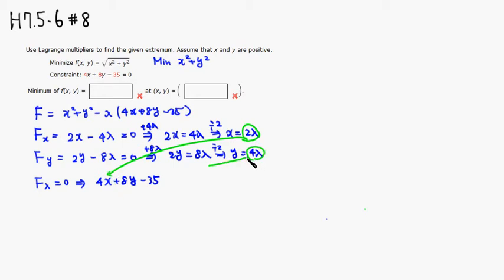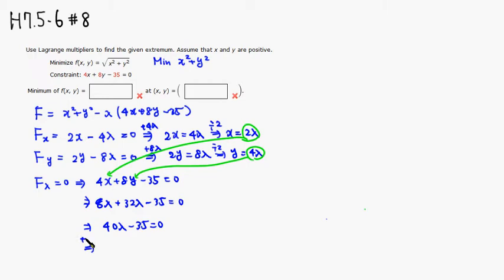So we'll get 4 times 2 lambda, so it's 8 lambda, plus 8 times 4 lambda, 32 lambda, minus 35 is equal to 0. So this is going to be 40 lambda minus 35 equal to 0.